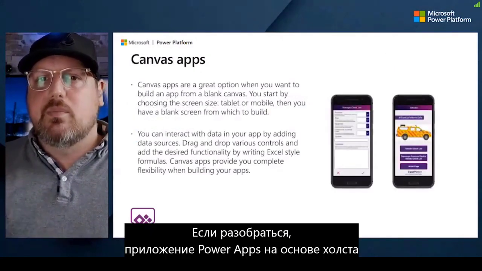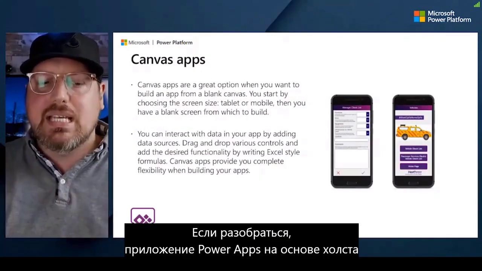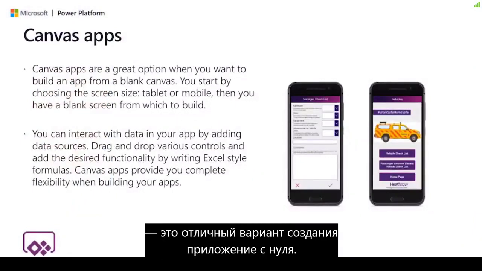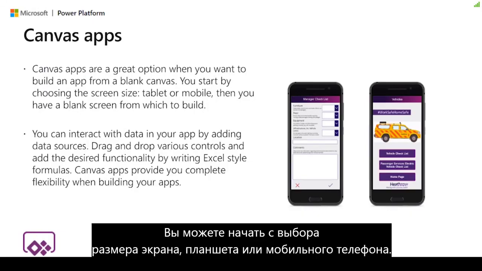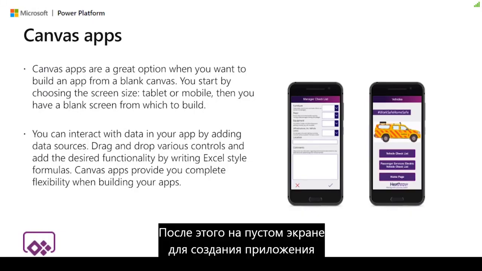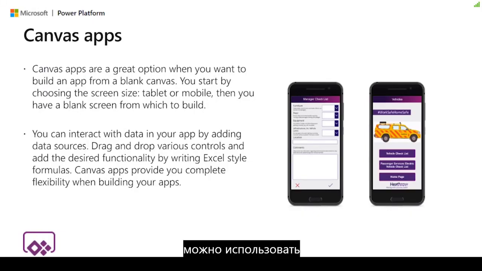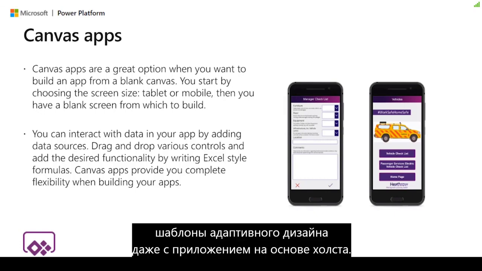When we look at the details of them, a Canvas app is a great option when you want to build an app from a blank canvas. You can start by choosing the screen size, tablet or mobile. Then you have a blank screen from which you build. And it now supports some responsive design templates that you can use even with a Canvas app.